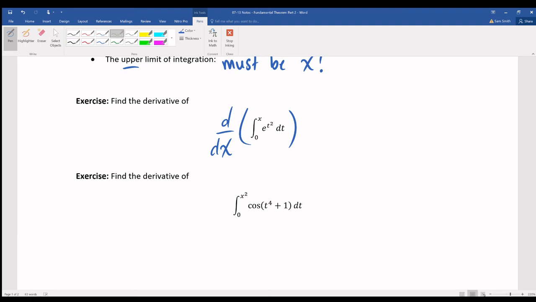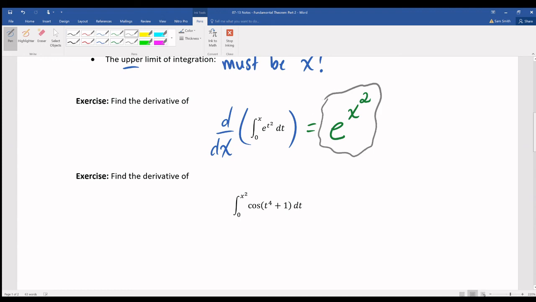Therefore, the rate of change of this net area is equal to the output of the integrand at the upper limit x. So I can replace t in the integrand with the upper limit x to get the rate of change, and my final answer would be e to the x squared.